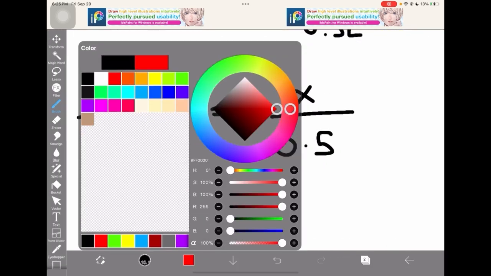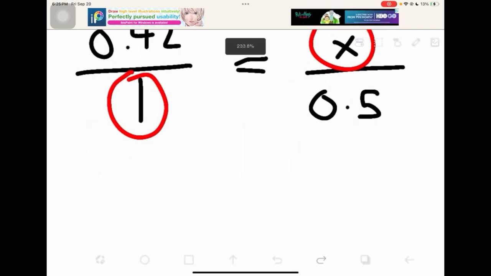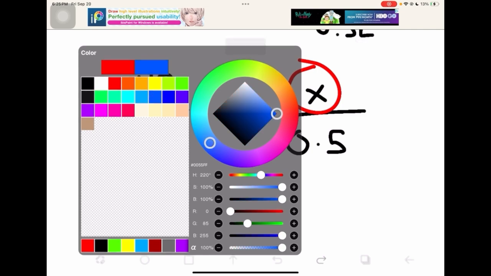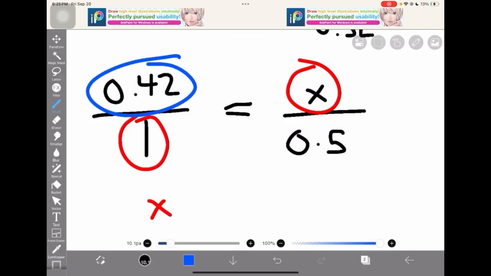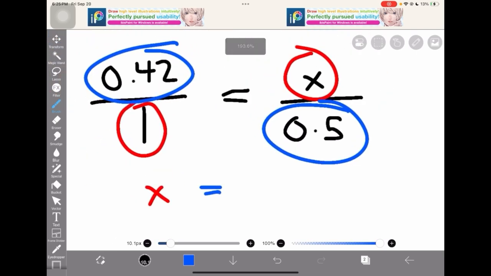Okay, let's cross multiply. 1 times x is equal to 1x, or if you know the basic rules of math, is just x. And then we do 0.42 times 0.5. That will mean x is equal to 0.21.